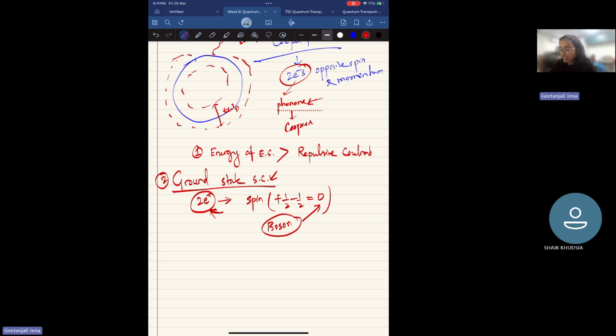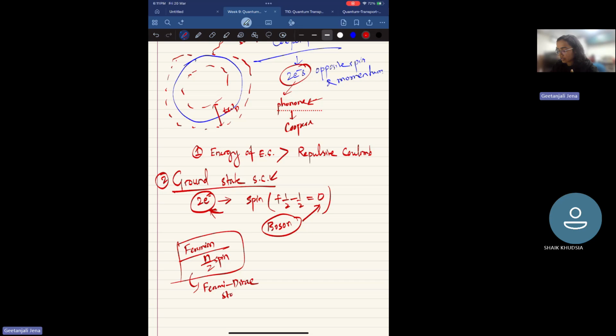So that means initially we have fermions. Now in the superconducting state, the Cooper pairs basically behave like a boson. If you recall, fermions mean the particles with spin an integral multiple of half, or you can write it as n by 2 times ħ, and they follow the Fermi-Dirac statistics.